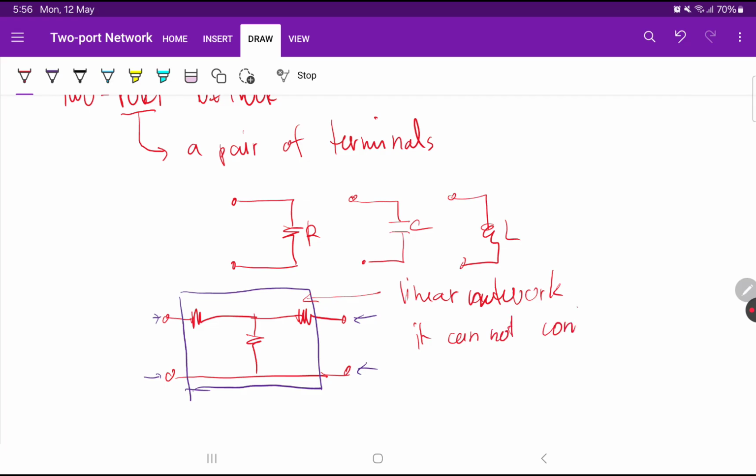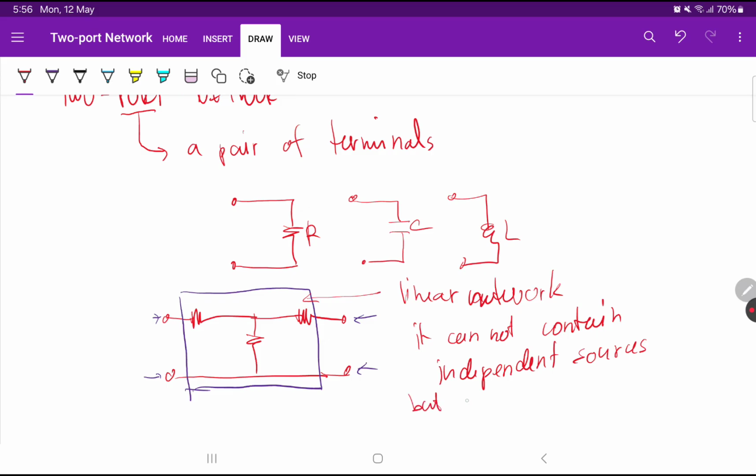It cannot contain independent sources inside. We cannot call it a two-port network if there's a voltage source, a current source, or whatever independent source.